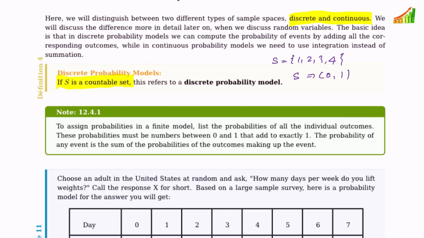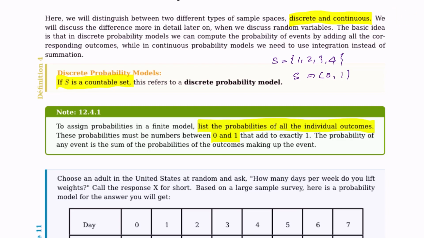Next, you should know how to assign the probabilities for discrete models. First, you list the probabilities of all the individual outcomes. These probabilities should be between 0 and 1. We learned this in the previous video: probability is always between 0 and 1.